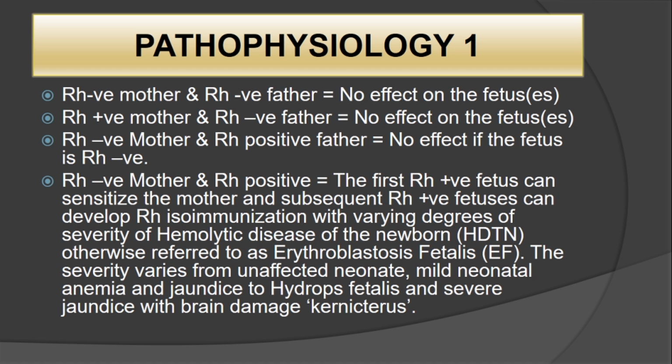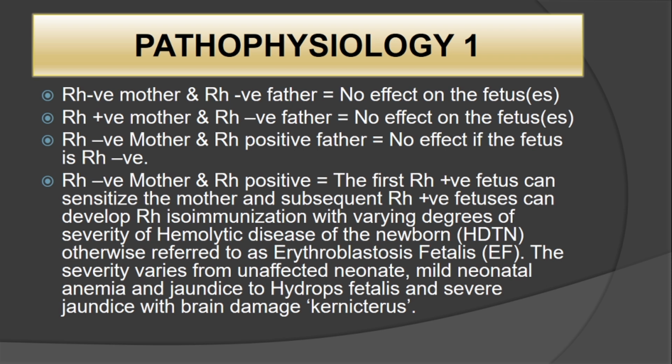The last scenario is if the mother is RH negative and the father is RH positive. The first fetus that is RH positive can sensitize the mother, but that fetus will not develop any problem, no Rhesus isoimmunization.